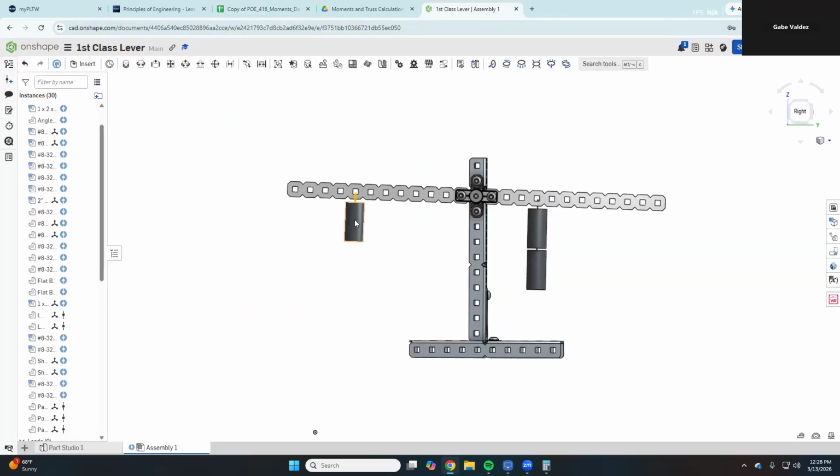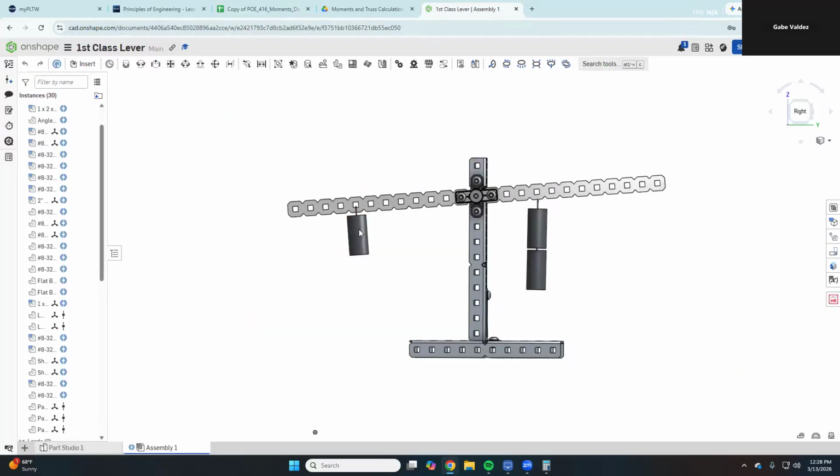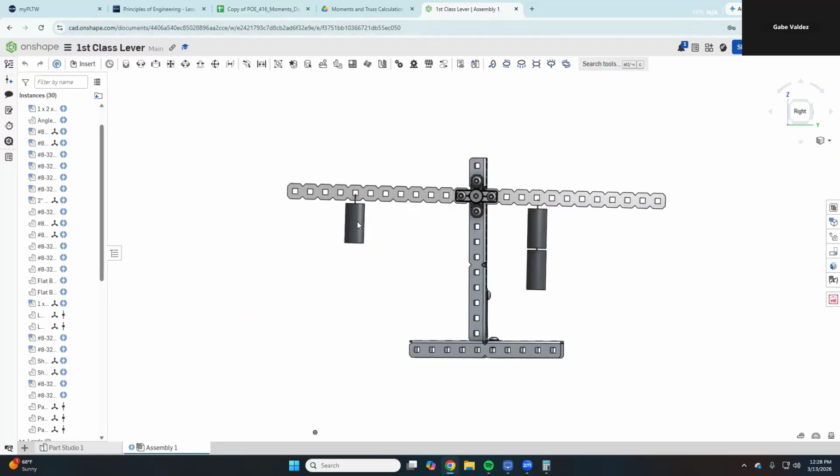So if this is, what is that? Eight holes. So let's suppose that this is a 500 gram mass, 8 holes away. Then I would have to put these 1, 2, 3, 4, 5, 6, 7, 8, 9, 10. And I would have to put these two 200 gram masses. So again, we're saying that this is a 500 gram mass, and these are two 200 gram masses.